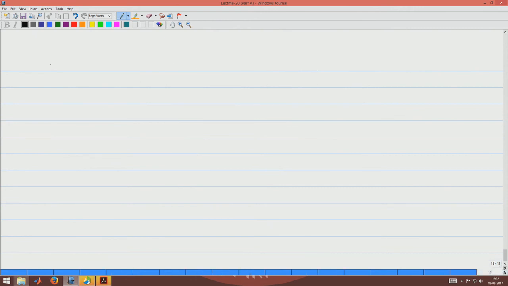Now, let me prove a theorem. If G is a disconnected graph, then G complement is connected. Okay, so, I will just give the outline of the proof.